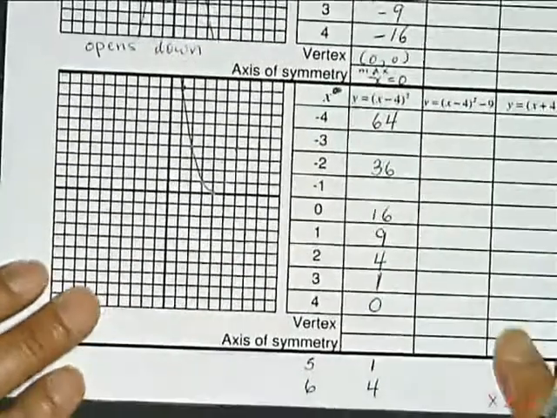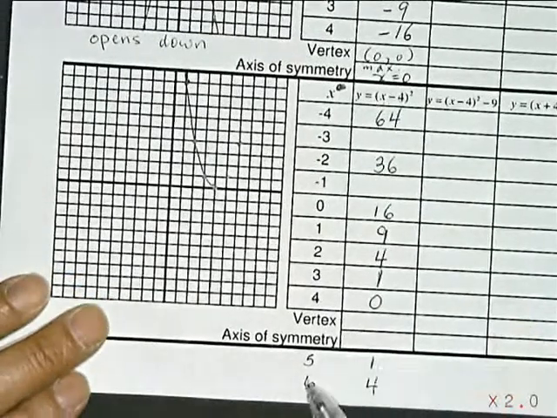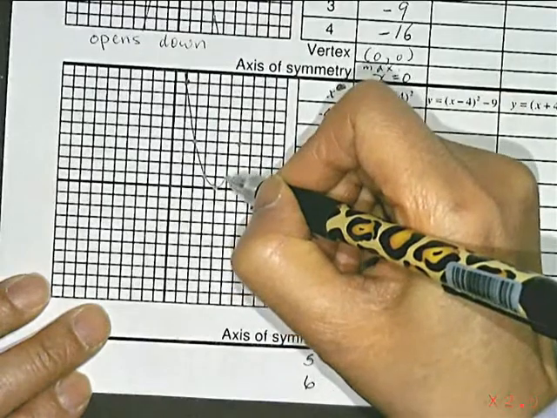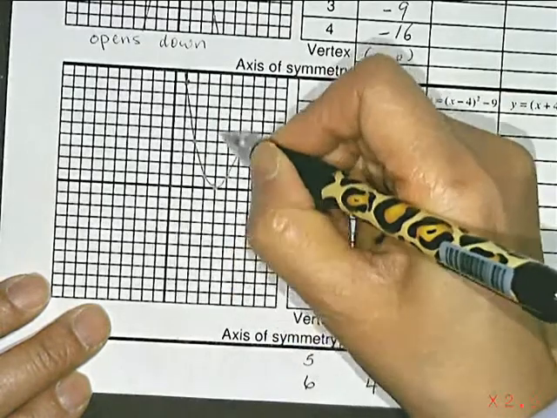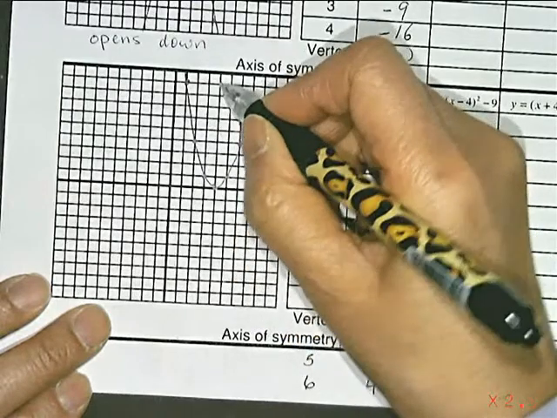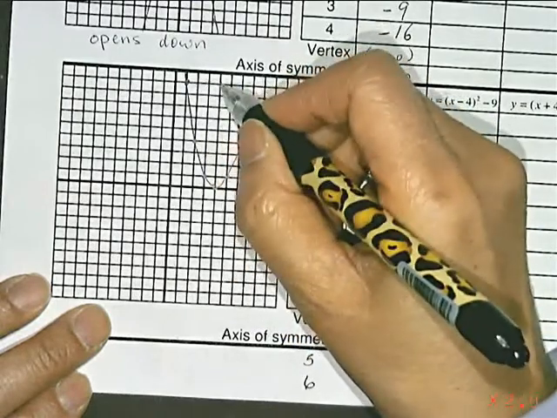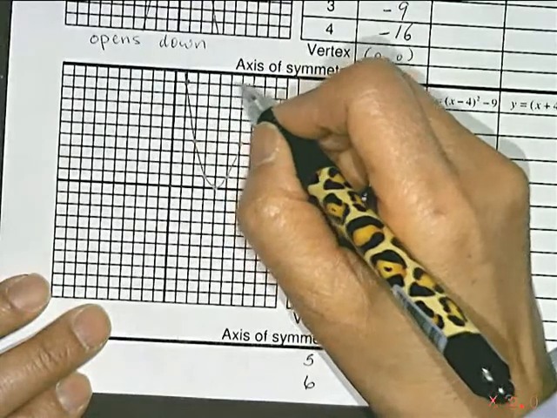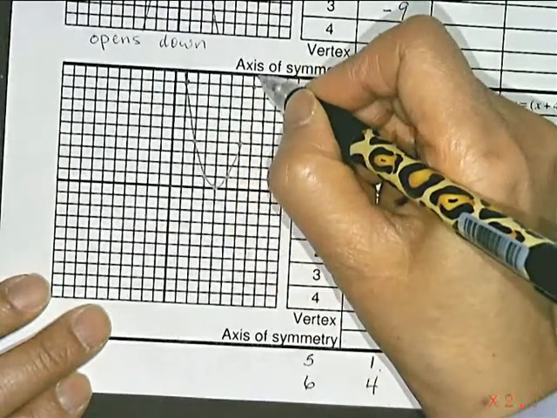I tacked on a few other points, 5, 1, and 6, 4. So it's going to swing back up. And because these are going to be symmetric, if I draw my axis of symmetry here and I count over 3 to that point, which is 9, then I will just go over 3 here and complete my graph.